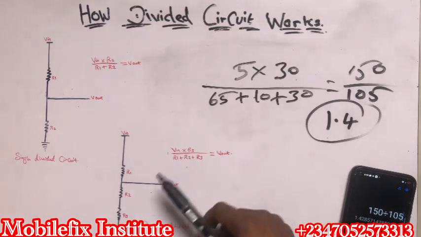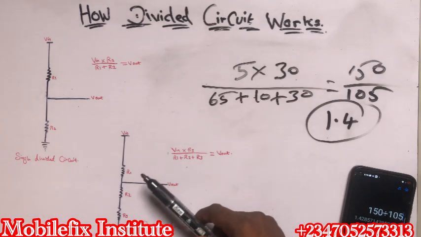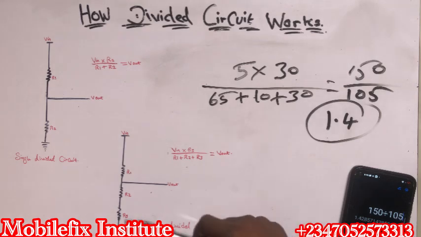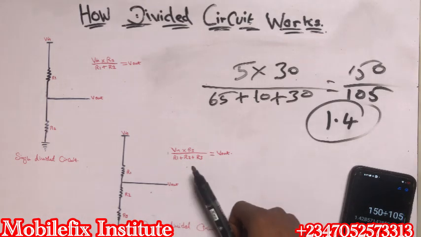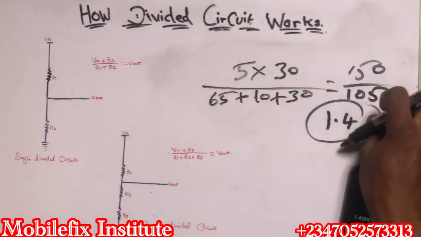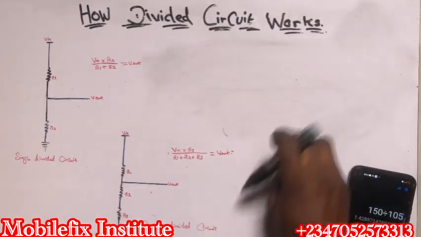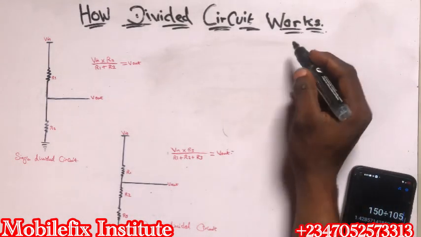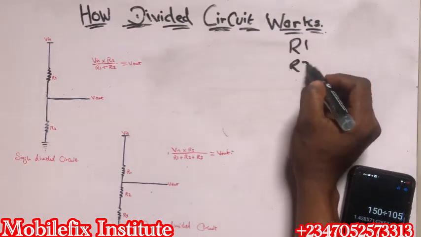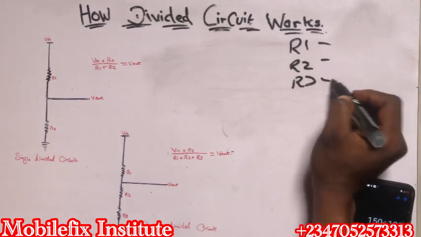So when you meet a double divider circuit, you meet three resistors connected. That is a double divider circuit. So this is the formula we are going to use. So let's make one more example. For example, R1, R2, R3.